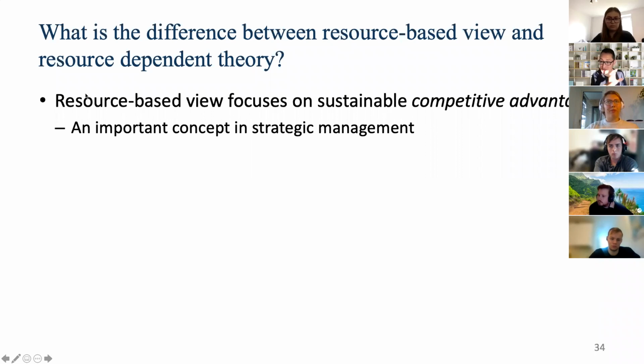Resource-based view, as we just reviewed, focuses on sustainable competitive advantage. So resource-based view is just trying to explain why some firms would do better than other firms, because they have valuable, rare, hard to imitate and non-substitutable resources, right?